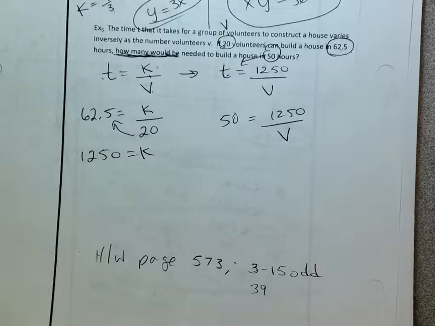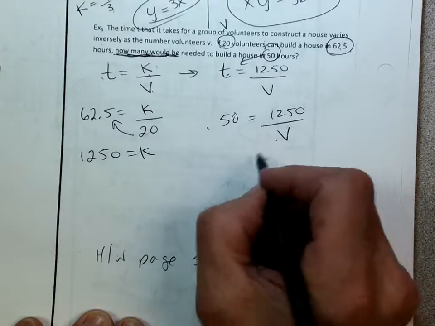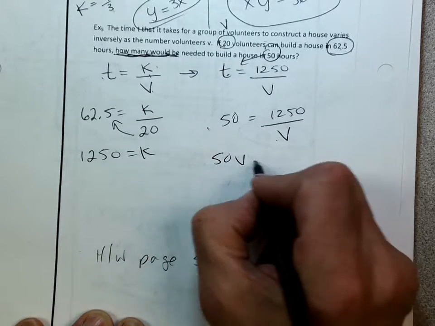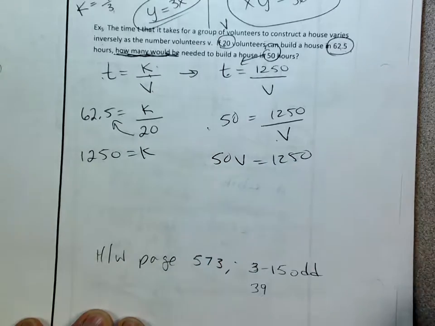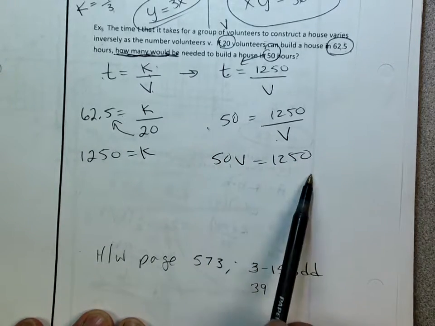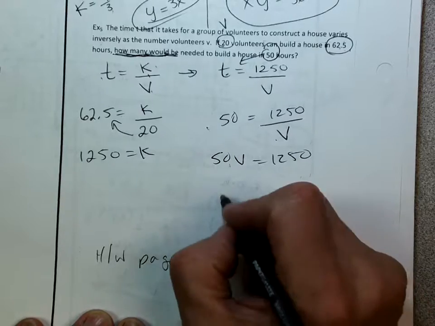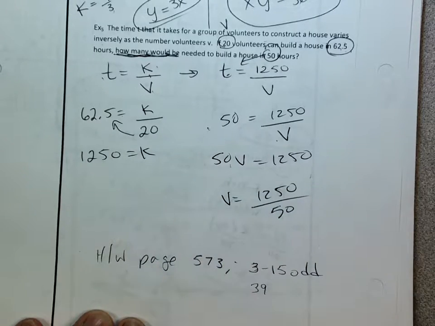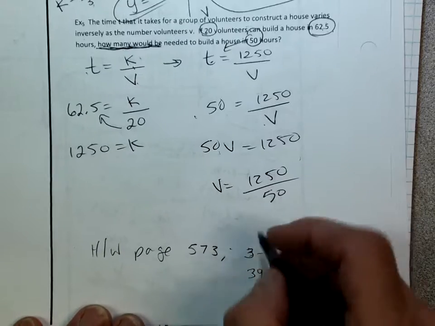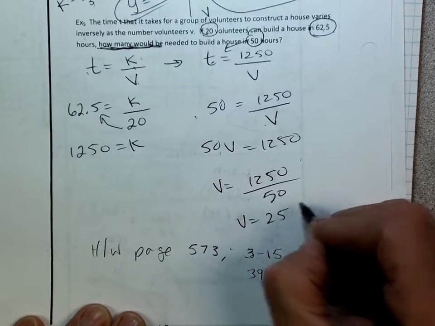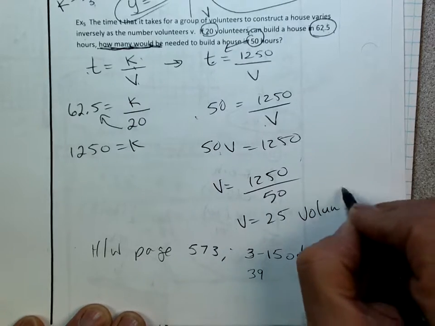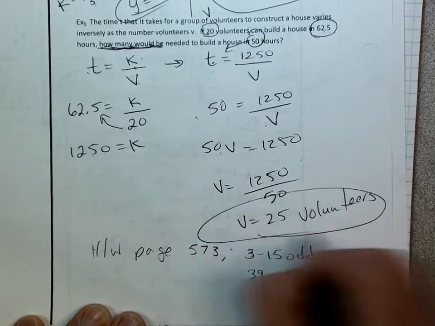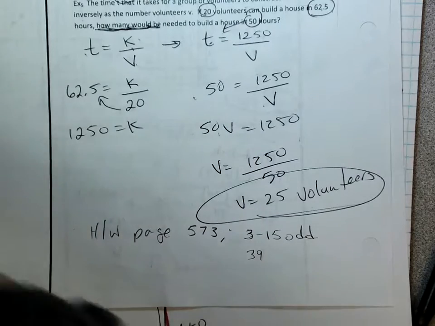You're totally right, Will. If I first bring up the v, I'll have 50v equals 1,250, and then I'll divide by 50. So v equals 1,250 divided by 50, which is 25. So I'll need 25 volunteers.